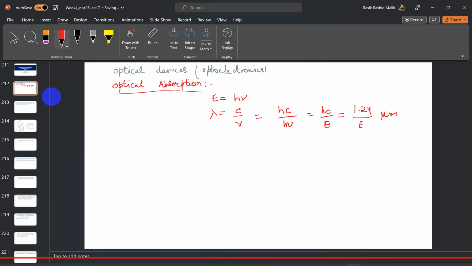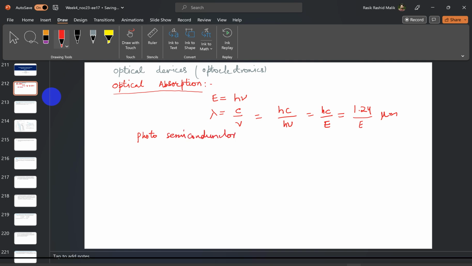So I was talking about the photon semiconductor interaction mechanisms. So in a semiconductor, a photon can interact with the lattice.